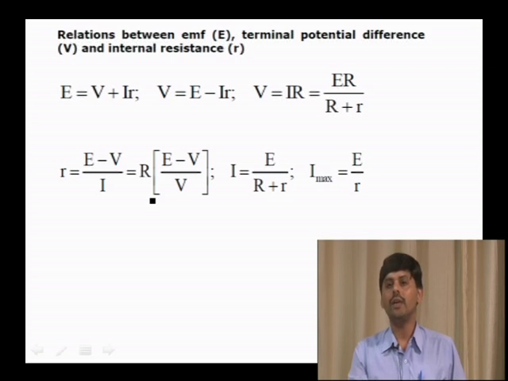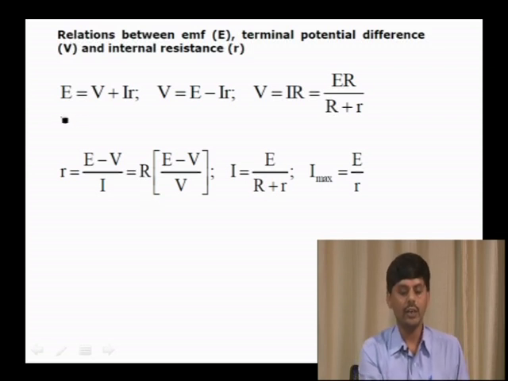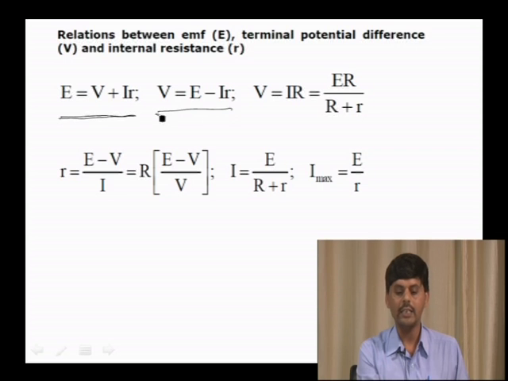The relation between the EMF, terminal potential and internal resistance is given by the equation E = V + Ir. This is for discharging the cell. Rearranging this equation, terminal potential V = E - Ir, where V is the terminal potential difference, E is the EMF of the cell, I is the current and r is the internal resistance.